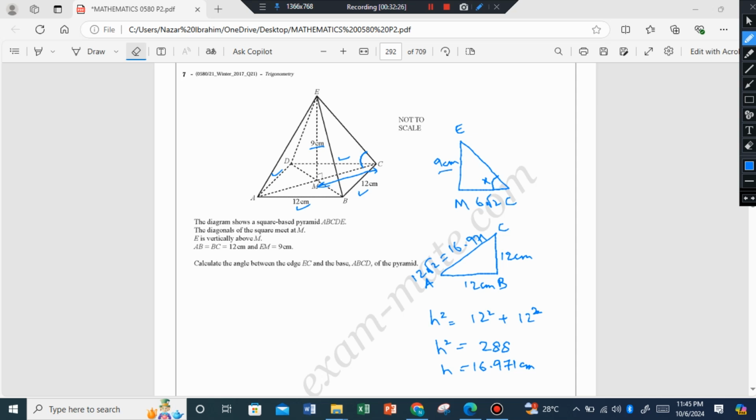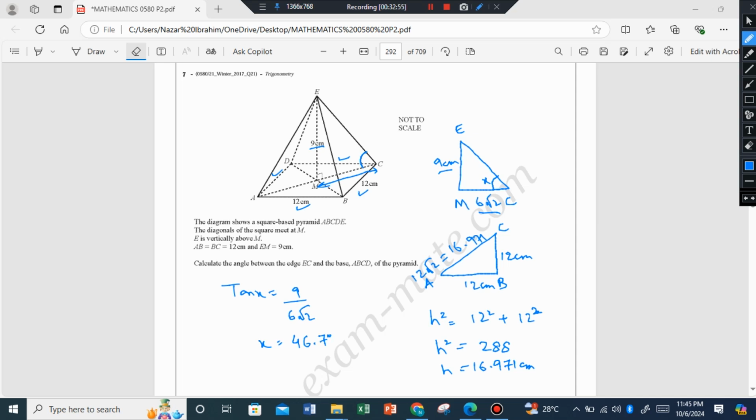I know opposite and I know adjacent, so again opposite upon adjacent, right? Applying tangent, x is equal to 9 upon 6 root 2. After solving and taking the inverse of that, I'm getting the answer 46.7 degrees, right?